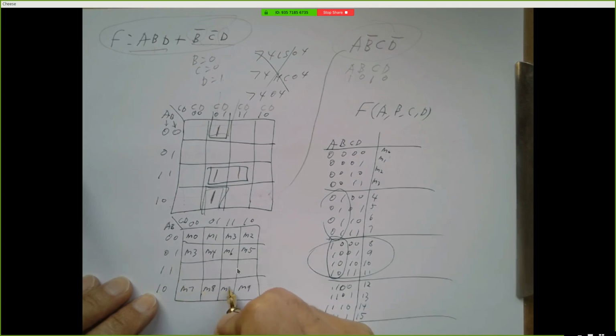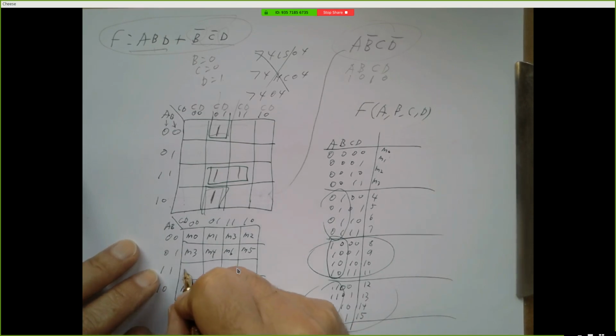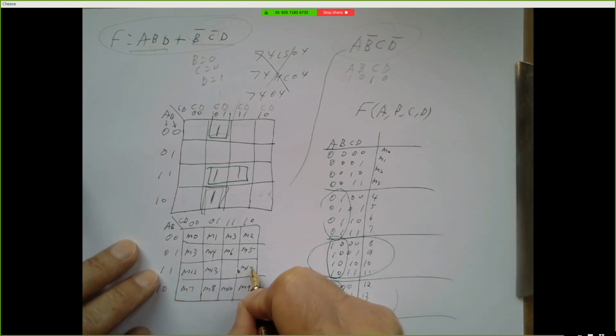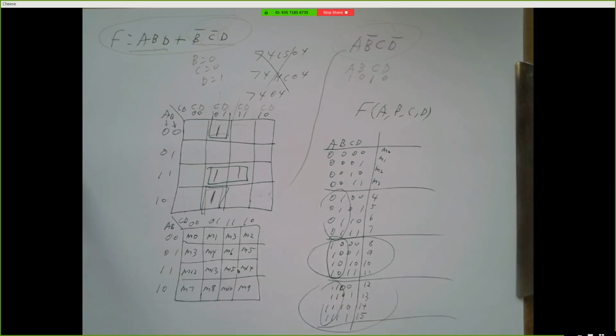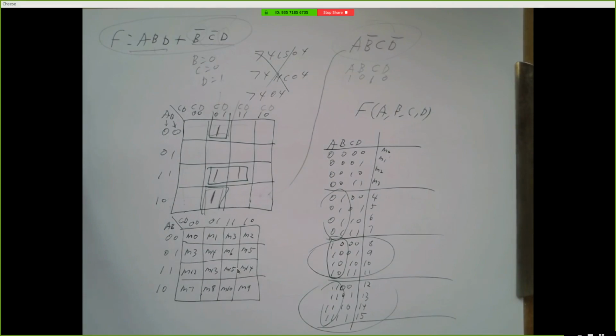And then our last 4 entries, A, B, are 1, 1. That's this third row. So this is 12, 13, 14, 15. After you've done a few hundred of these K-maps, you start to see a pattern. 0, 1, 2, 3, 4, 5, 6, 7, 8, 9, 10, 11, 12, 13, 14, 15.